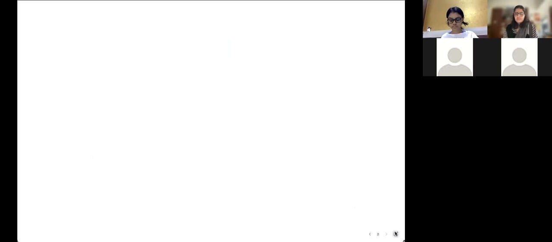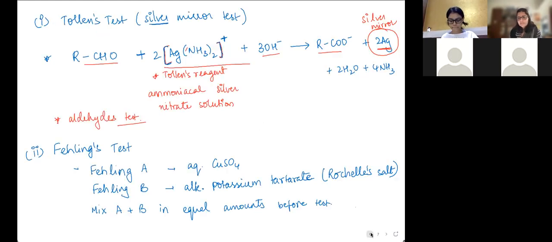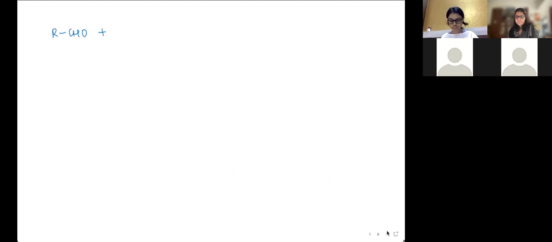So the reaction for Fehling's test is this. Again, you take your aldehyde, your sample. If it is an aldehyde, this is the reaction that will take place. Remember, we mixed copper sulfate and alkaline potassium tartrate.